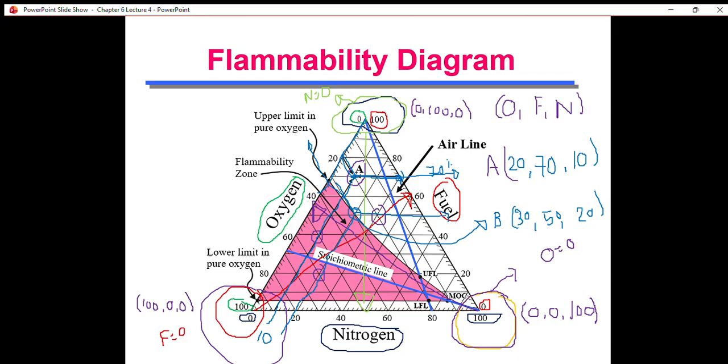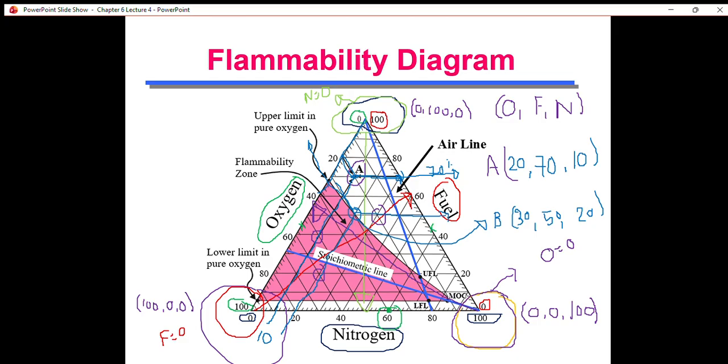Let me choose the green color. Let's say that I'm going to choose this point that I have assigned on the horizontal axis, which represents the nitrogen concentration. Any point on any of the 3 elements of the triangle will give you only 2 readings, and the third reading will be equal to 0.